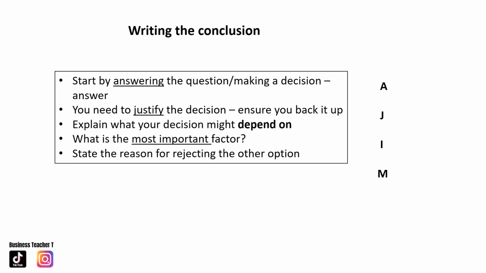The I is for it depends on. You should ensure that you include a it depends on or depends on. Examiners are looking for this. M, the most important factor. What is the most important factor? And you might also want to include a reason for rejecting the other option.